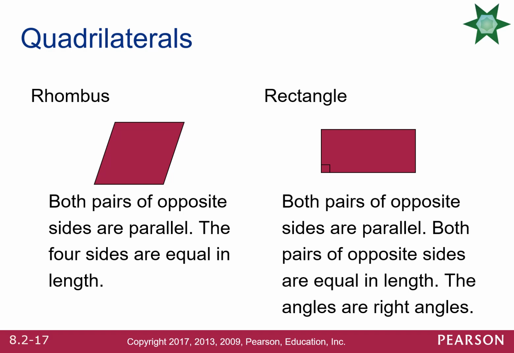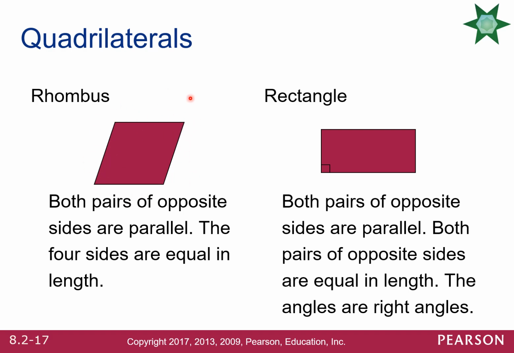Now, two other quadrilaterals are rhombus and rectangle. A rhombus is a figure with both pairs of opposite sides parallel and the four sides are equal in length. So it has the property of a square as far as the length of all the sides are involved.